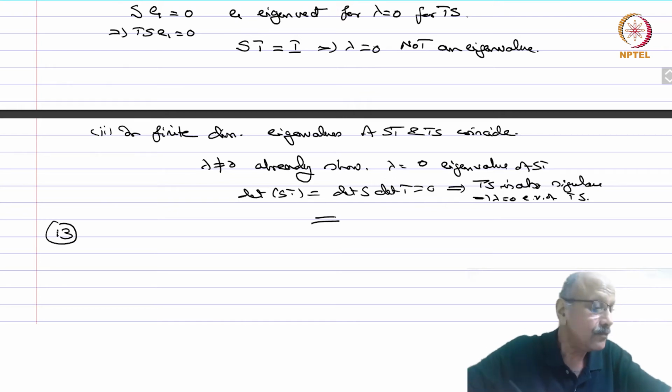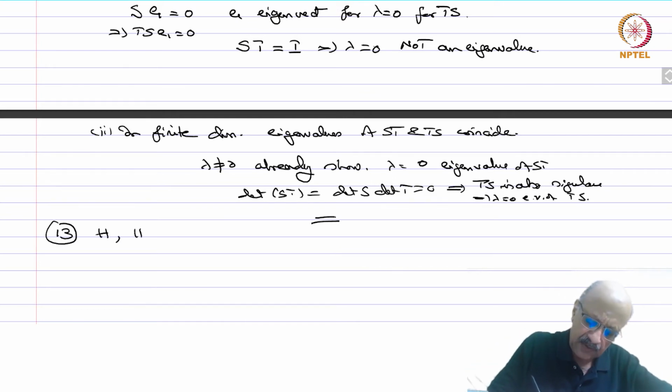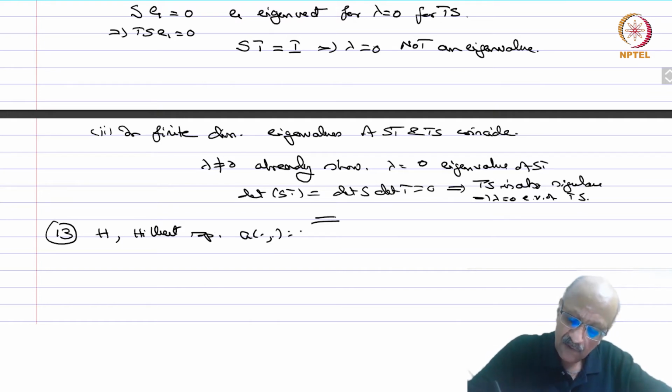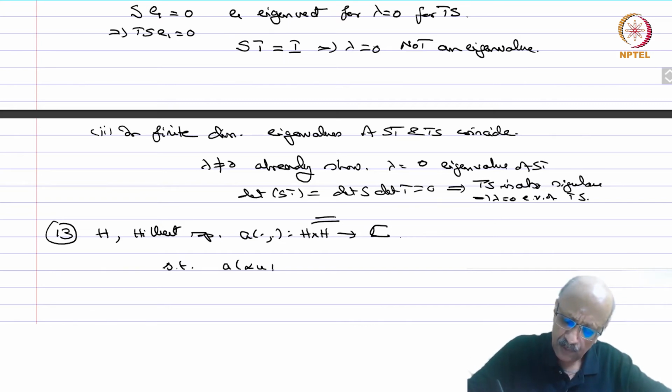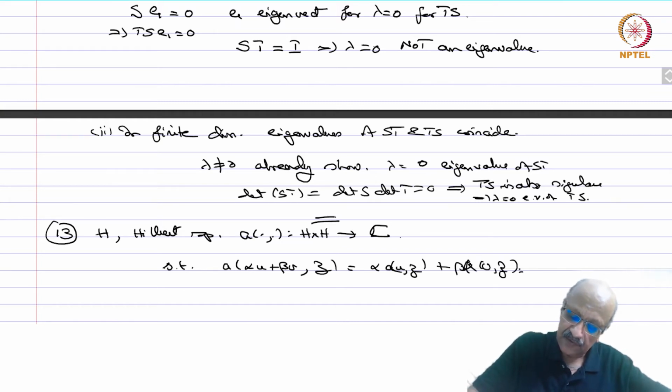Okay, 13. H is a Hilbert space, A from H cross H to C, such that A of alpha u plus beta v, z equals alpha A(u,z) plus beta A(v,z), that is, linear in the first variable, and then A(u,v) equals the conjugate of A(v,u), and 3, A(u,u) is greater than or equal to 0.